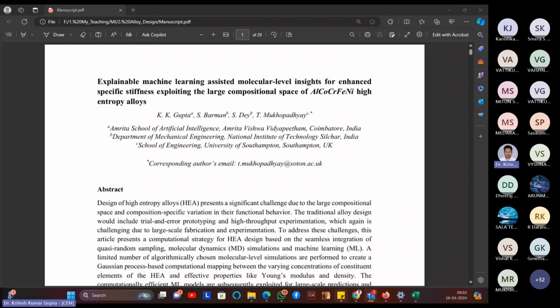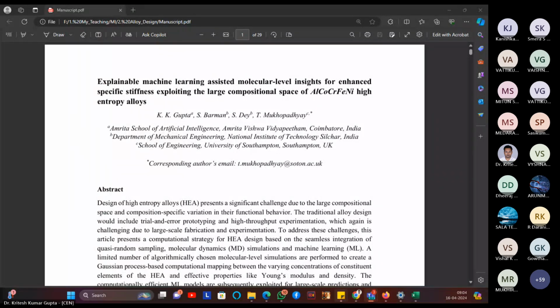Okay, so some problems we are going to solve today: large scale prediction by using a machine learning model, and how we can optimize the process. The machine learning model which you have constructed can be used as an objective function in any optimization problem.